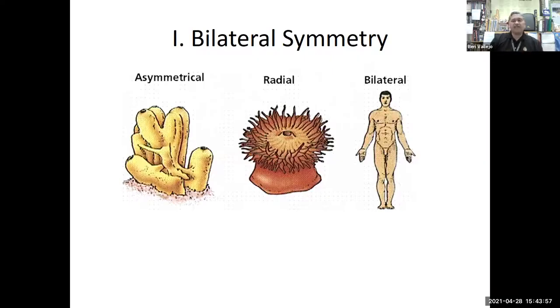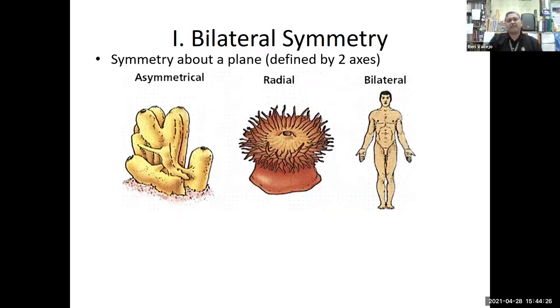We took a look at the Cnidaria, which are the jellies, and the coral, and the sea anemone. We are now on the worms, and so we're now taking a look at the lower worms, the flatworms, and the roundworms, which both exhibit bilateral symmetry.